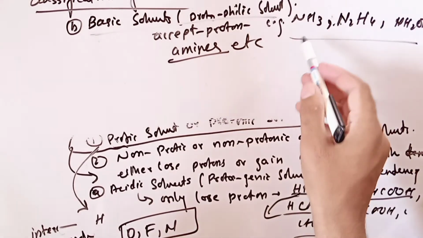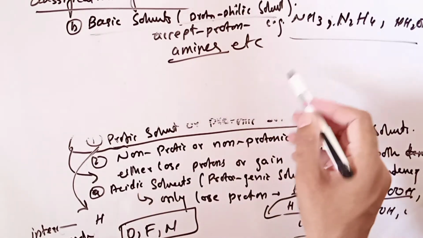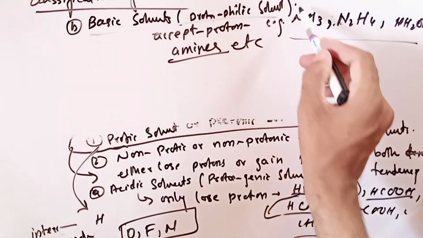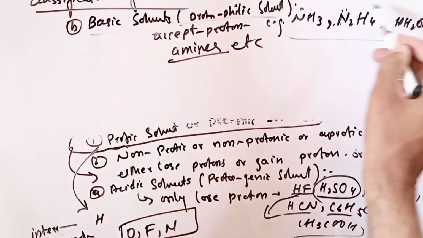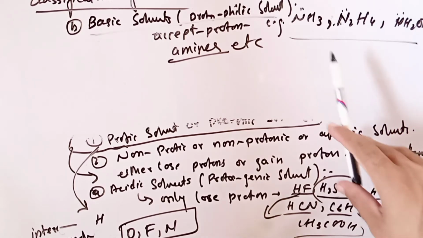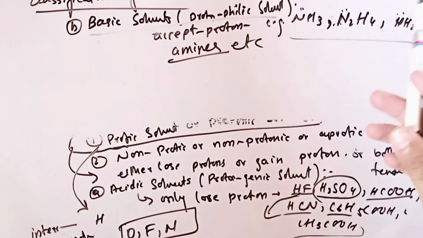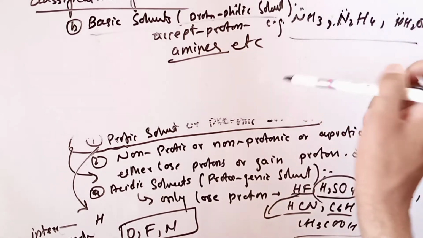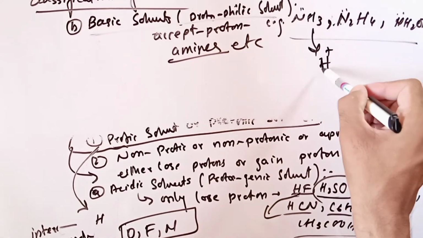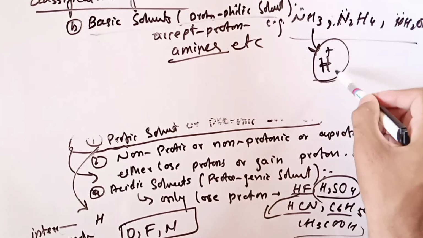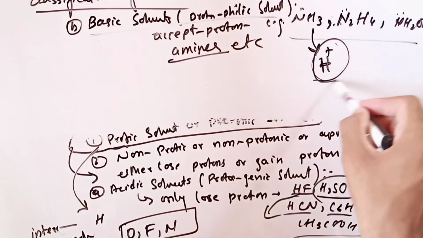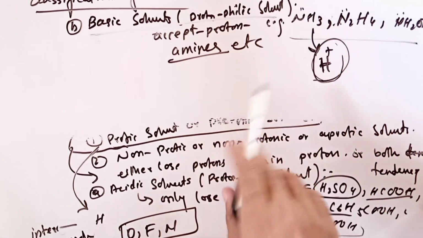These all have the capacity to accept a proton, because in all cases the nitrogen contains a lone pair and has the capability to donate it, and the proton, H positive, an electrophile, can accept a lone pair of electrons. So the electrophile can accept the lone pair of the nitrogen.